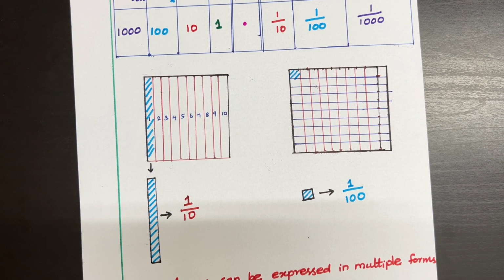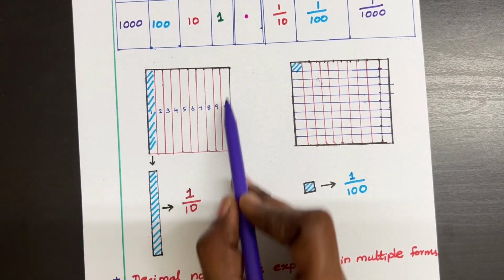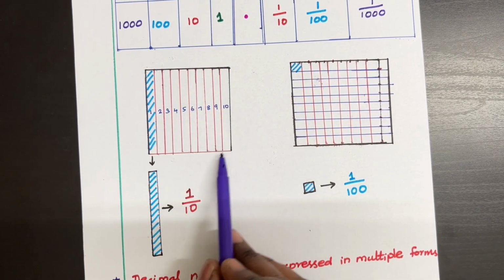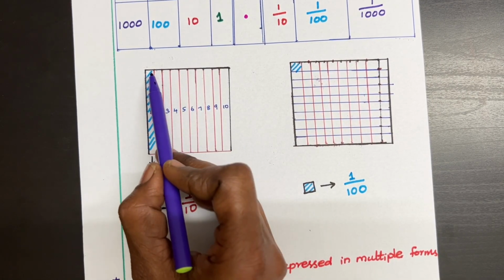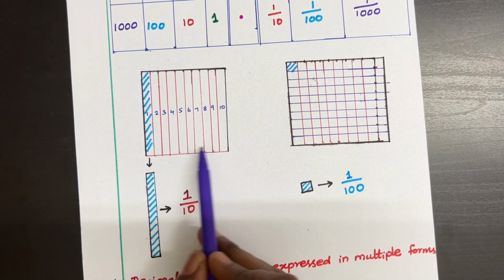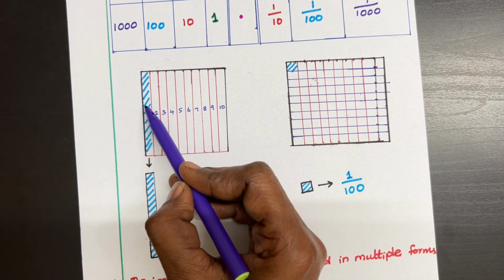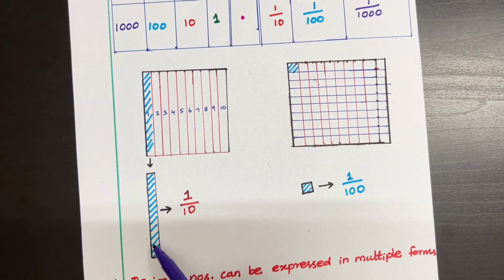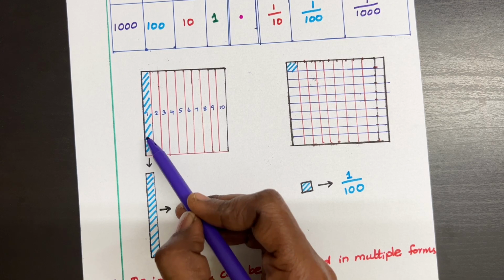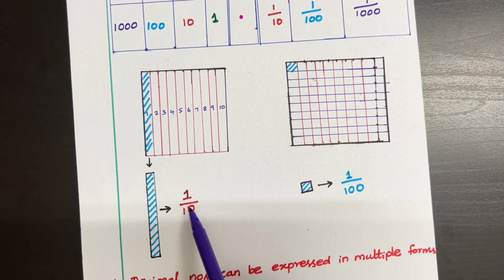I'll tell you more elaborately. Just imagine a wooden plank. This is the whole, the full wooden plank. I am going to divide this wooden plank into 10 pieces. See here, I made 10 pieces. If I take only one piece from this entire plank, this is nothing but 1 in 10.